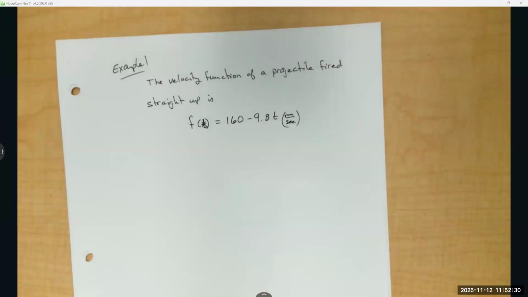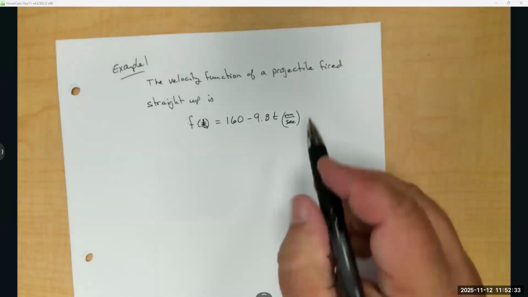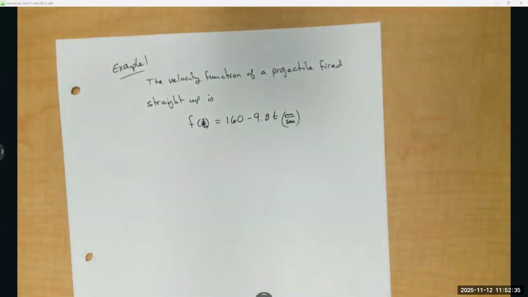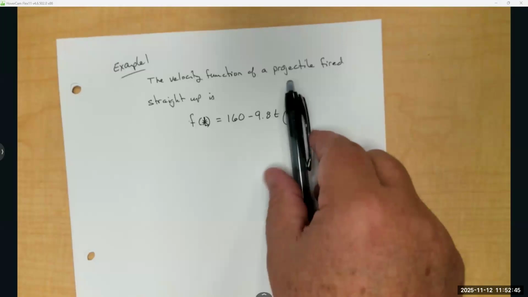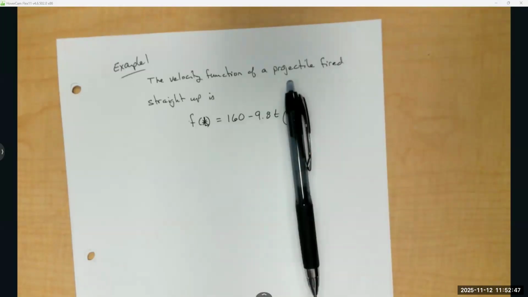How do we know that it's going to be 9.8 meters? How do we know the units are going to be meters per second? How do we know it's metric?